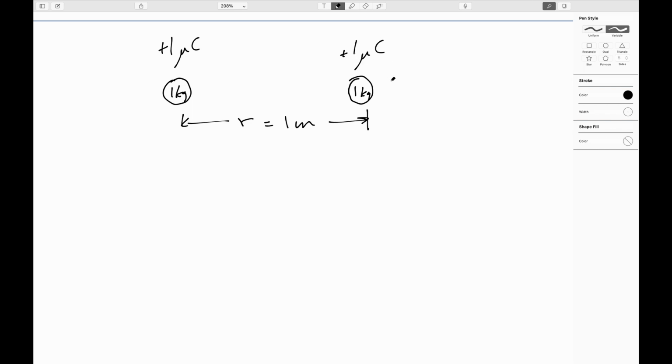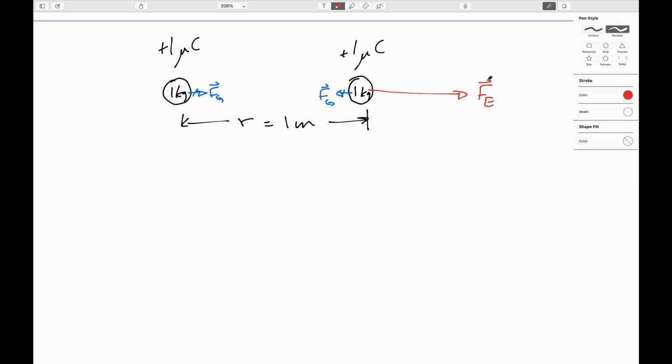Let's go ahead and compare the gravitational attraction to the electric repulsion. And spoiler alert here, the force of gravity is going to be a lot weaker. Again, we know these will be equal via Newton's third law. And let's also draw in our electric forces.